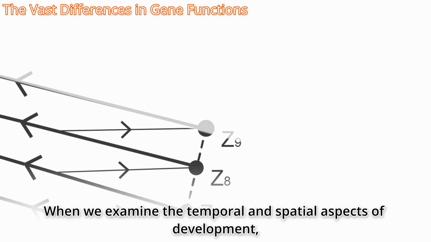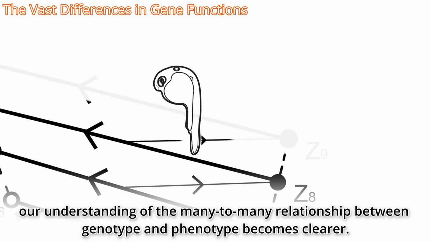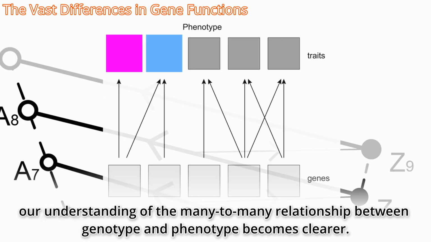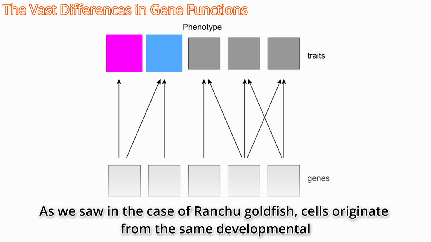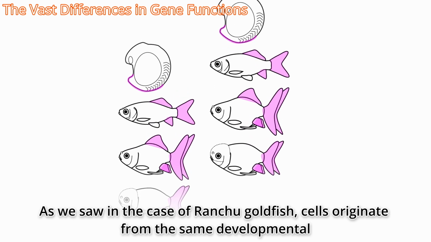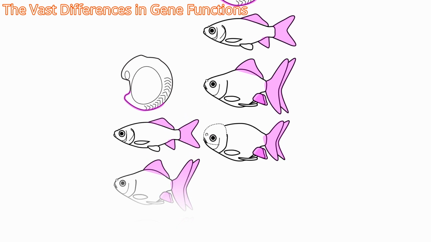If we examine the temporal and spatial aspects of development, our understanding of the many-to-many relationship between genotype and phenotype becomes clearer. As we saw in the case of ranchu goldfish, cells originate from the same developmental region early in embryogenesis.